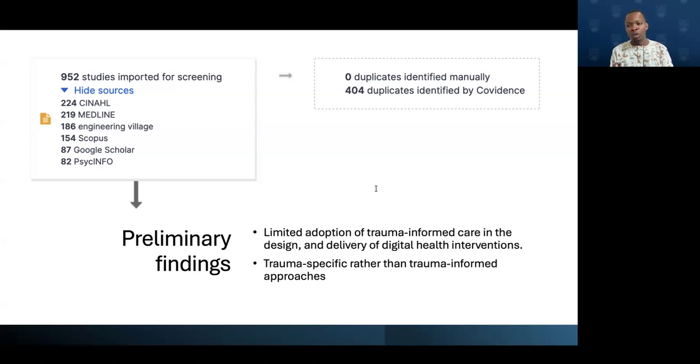So you see that most of the recommendations in the literature are rather trauma-specific rather than trauma-informed approaches. And I'll distinguish between these two. For example, a trauma-specific approach could be asking survivors of trauma about how to heal from or prevent a trauma.